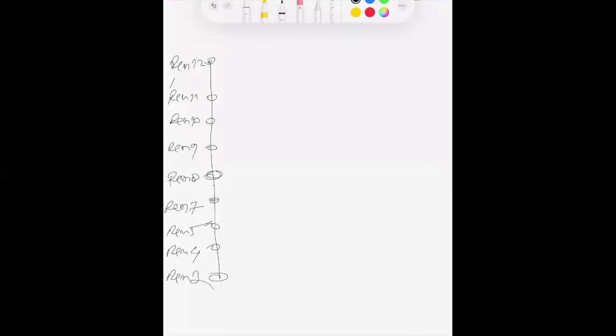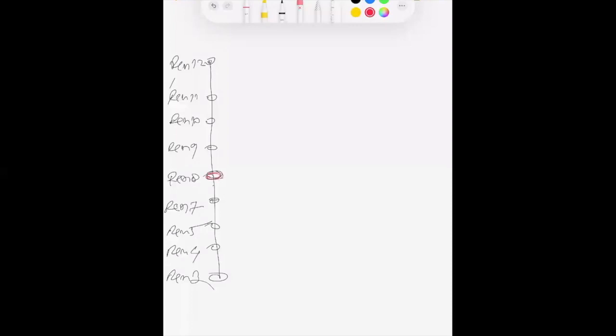So this is the center line. This is REN 8 or CV8, the umbilical, then 9, 10, 11, 12. Going down, 7, 5, 4, 3.